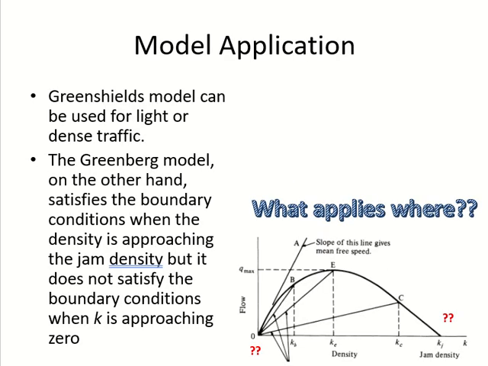So this is what they say. The Greenshields model, the first one, the linear one, is more suitable for light to medium traffic conditions. When the traffic is low or medium, this is where the Greenshields model, the linear one, works very well. So basically in this region.